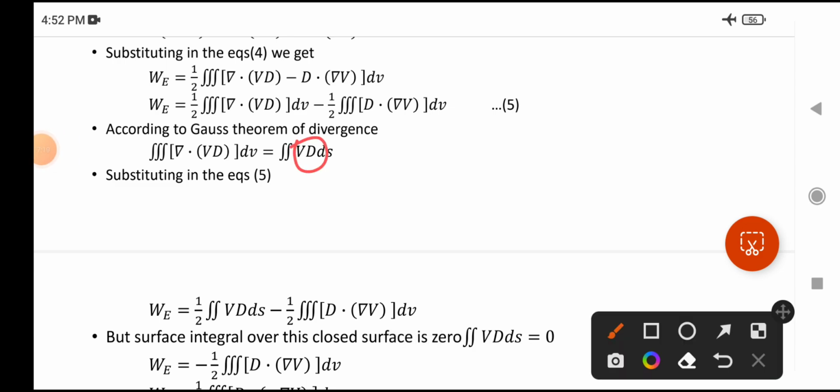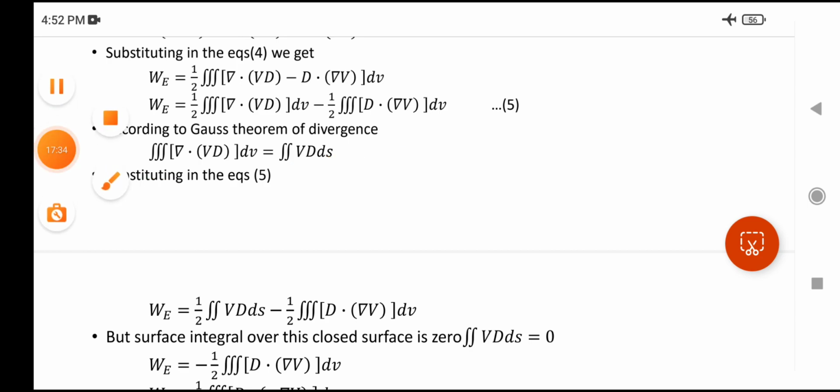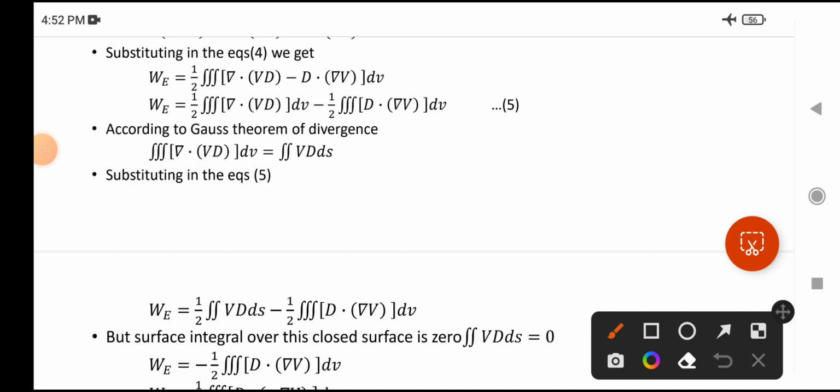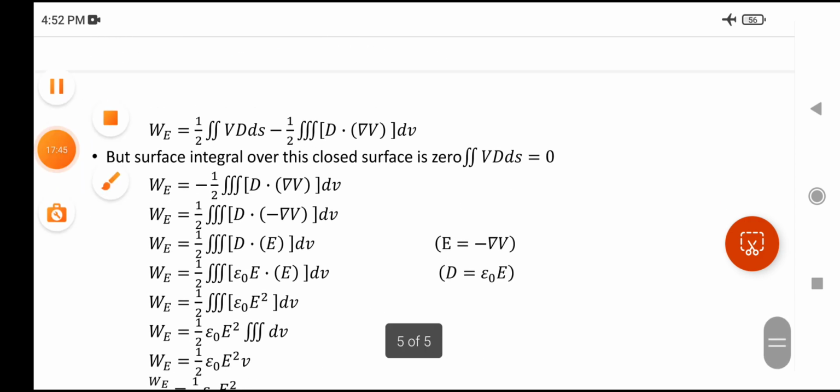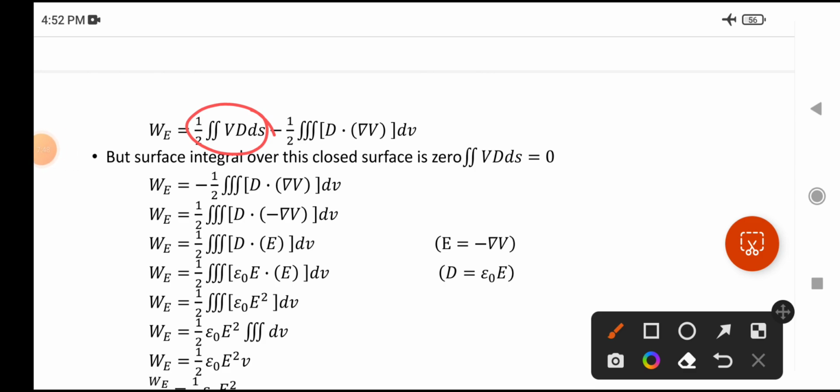Let it be a single term, vector A, so vector A equals del dot vector A; like this we have to write. This is the Gauss theorem of divergence. So the double integral over dS is converted into a triple integral, and substituting this value we get this one. But this value is 0, because the surface integral over a closed surface is 0. So this term is 0.